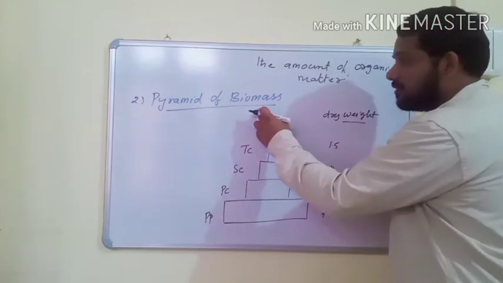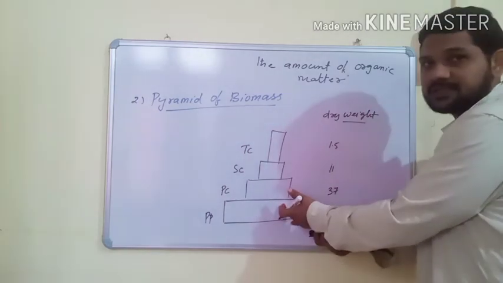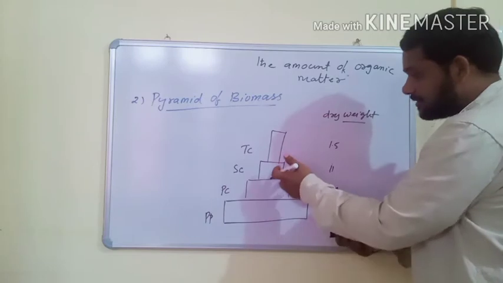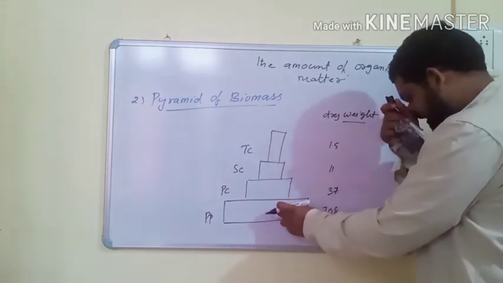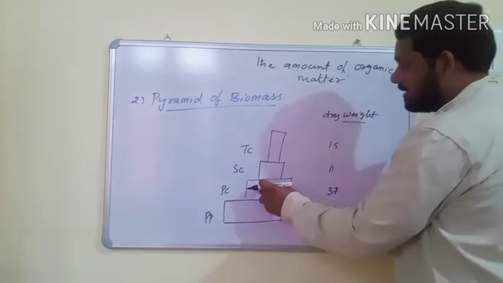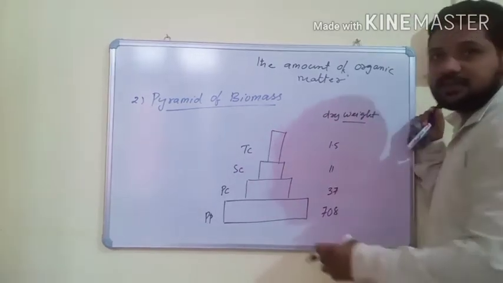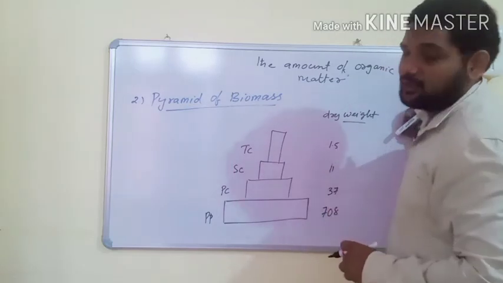And the pyramid of biomass, what is the pyramid of biomass? It is a graphic representation of the amount of biomass of different trophic levels sequence wise, primary producers at base, primary consumers at middle, and secondary consumers and tertiary consumers at top, or simply producers at base, herbivores at middle, and carnivores at top.